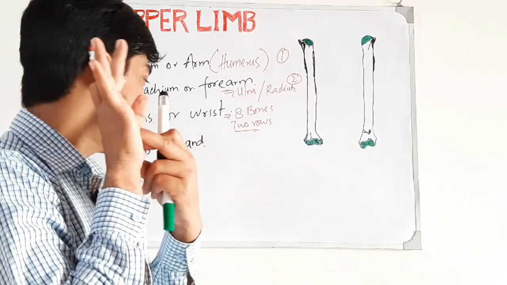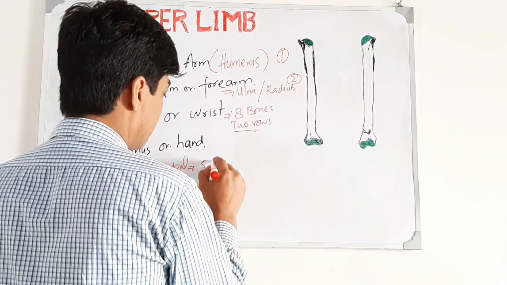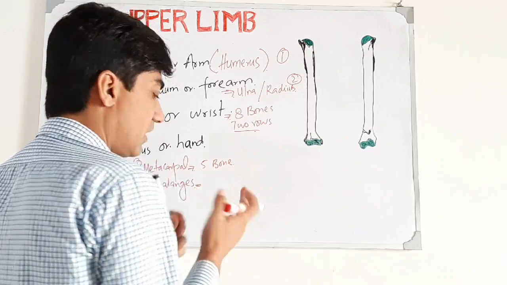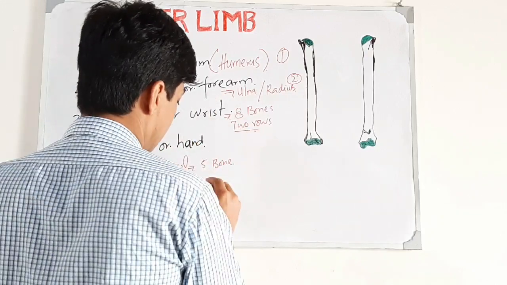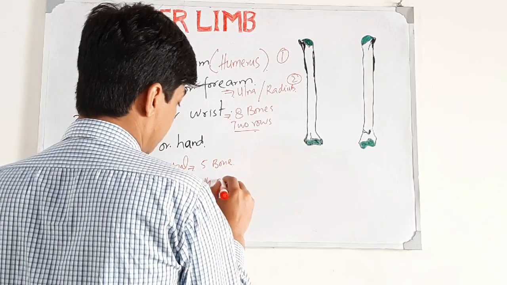Metacarpals are the palm of the hand and basically consist of 5 bones. And phalanges are the fingers and contain 14 bones.